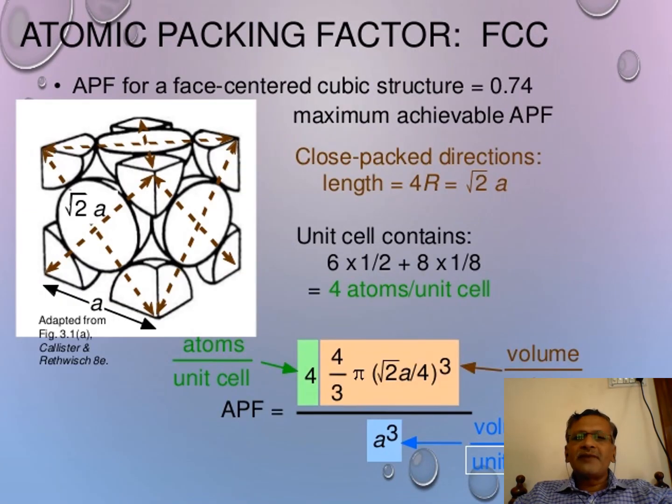And the atomic packing factor is 4/3 pi R cube, where the radius is 0.22... divided by 4 cube, divided by A cube, and the atomic packing fraction for the face centered cubic structure is 0.74. So we can say very easily that the atomic packing fraction for the FCC structure is larger than for the BCC or the simple cubic. Therefore, FCC structures are more stable than the simple cubic and body centered cubic structures.